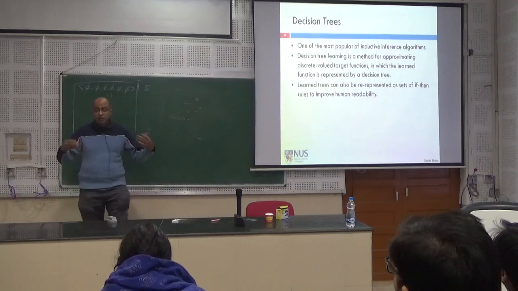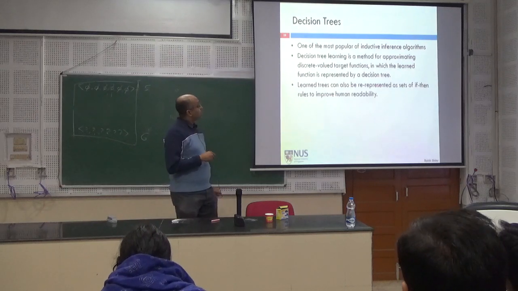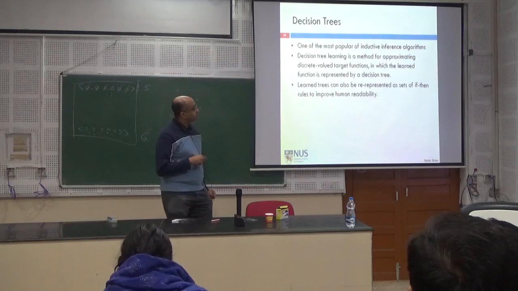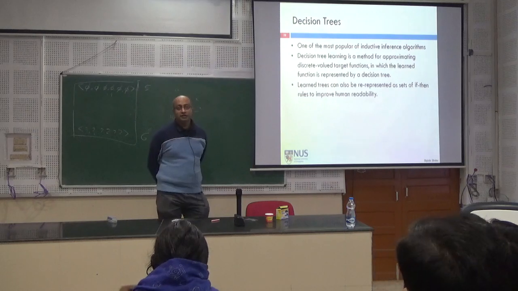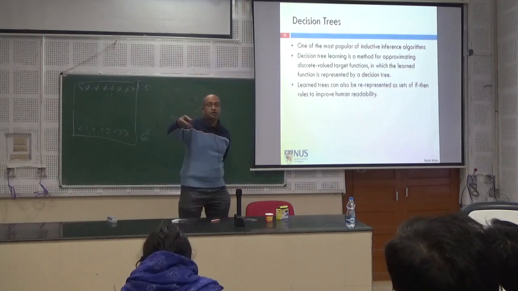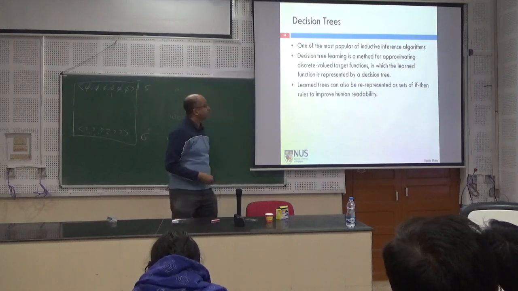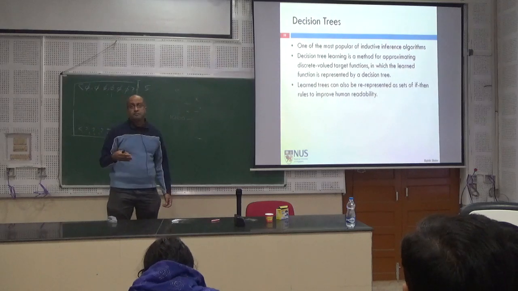This is one of the more popular inference algorithms where we try to classify things. And this is a method for approximating discrete value target functions. So not continuous. So your target is discrete value. It's essentially we're doing classification. We are not doing regression here. We are doing classification.